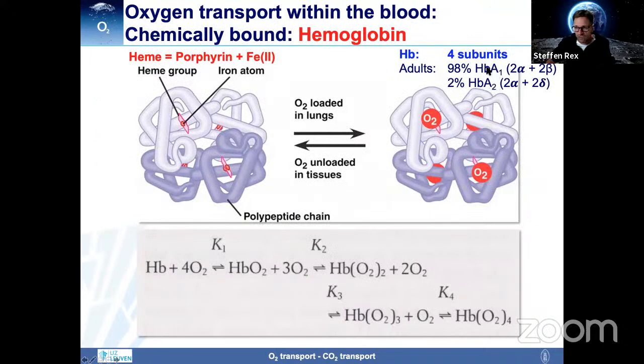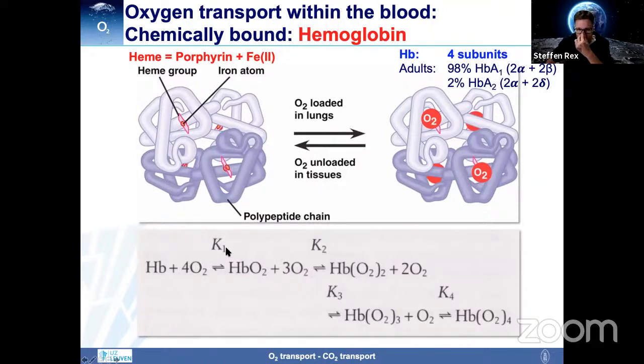According to the distribution of these proteins, HbA1 or HbA2, you have different types of hemoglobin. The core of the hemoglobin molecule is a heme group, which consists of a porphyrin ring with an iron atom.